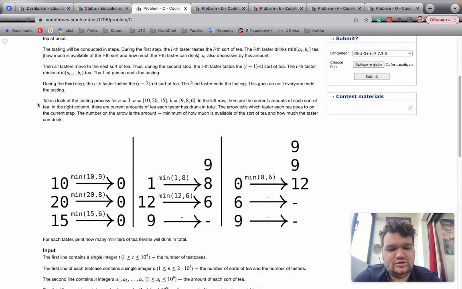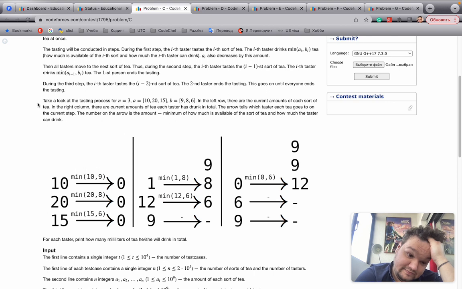So for each sort of tea, tasters with indices i plus 1 and so on up to n will drink it in this order.